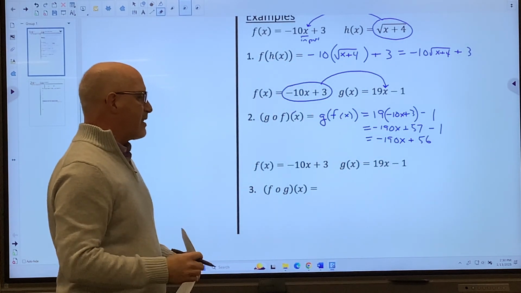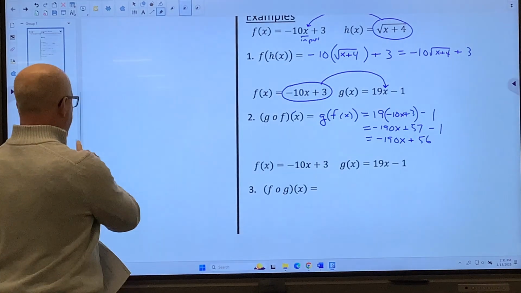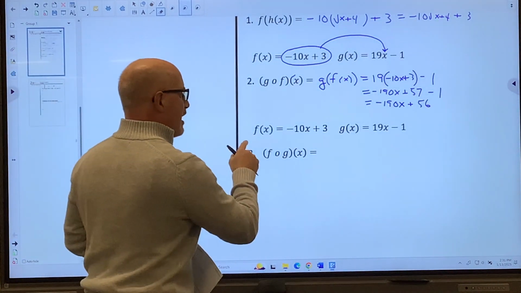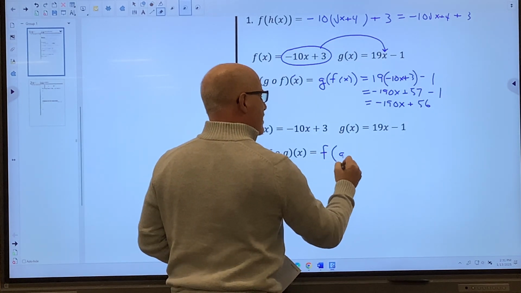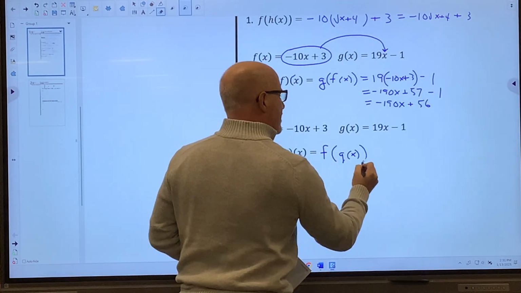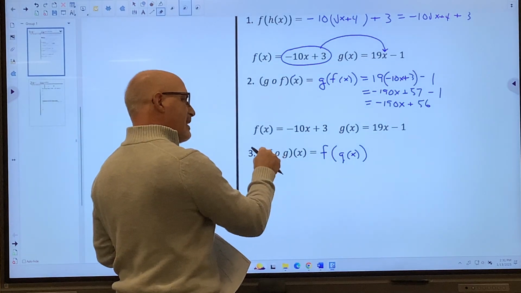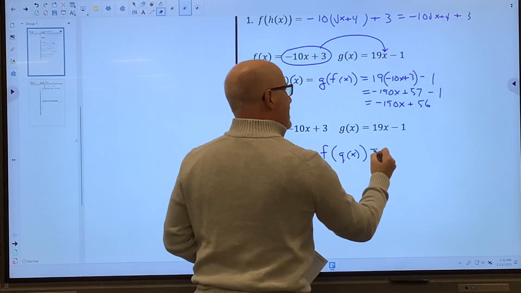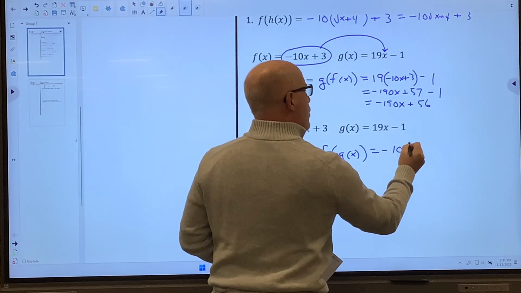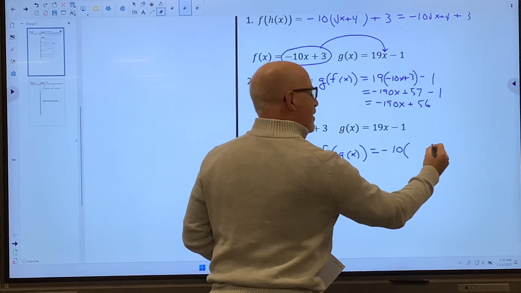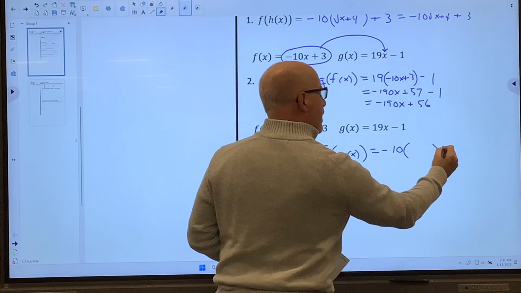And then this last example here, we're going to flip it, and this time notice that the g of x is the input for the f of x, so that gets put into the f function. So I'm going to list the f of x function here. I'm going to put negative 10. Where there's an x, I'm going to put a parentheses because that's the input spot.